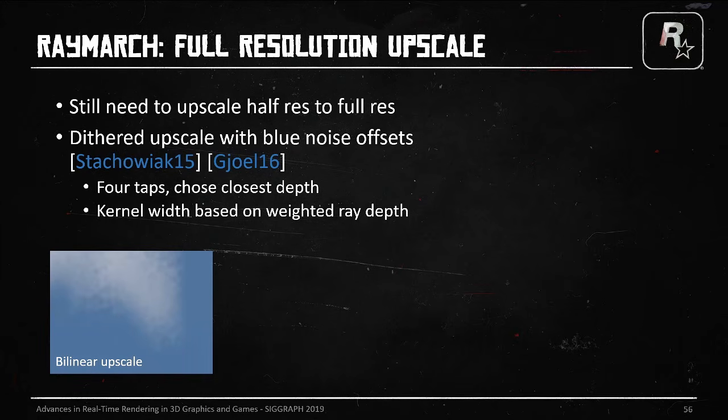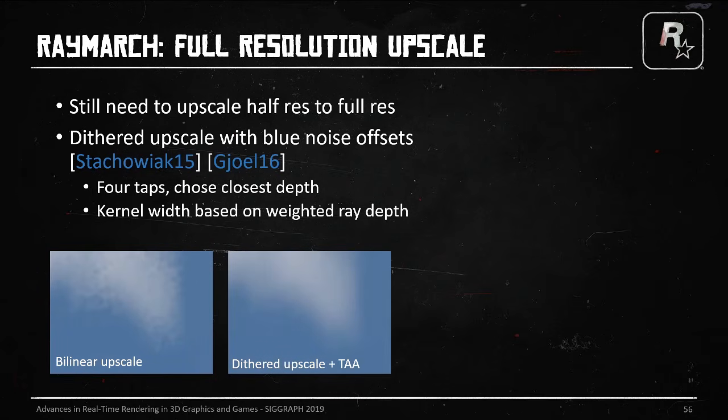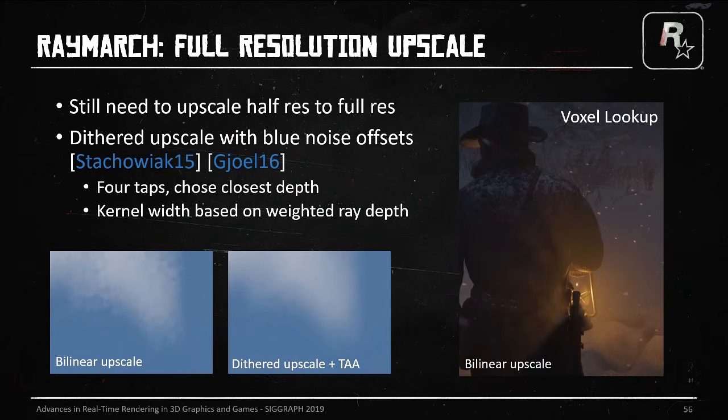And we control the width of these taps by the weighted ray length so that we don't overblur clouds that are very far away. And in conjunction with TAA, the results get soft. We also do this on the accumulation volume, as I mentioned earlier. So the bilinear upscale is giving us a very blocky look, but in conjunction with TAA and dithering, this gets resolved.